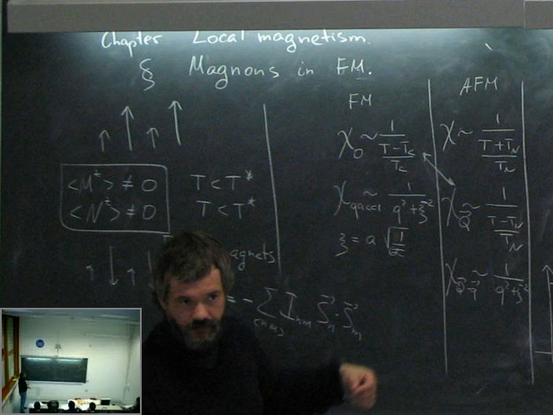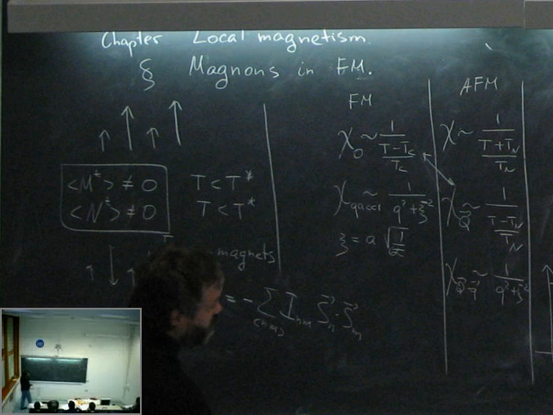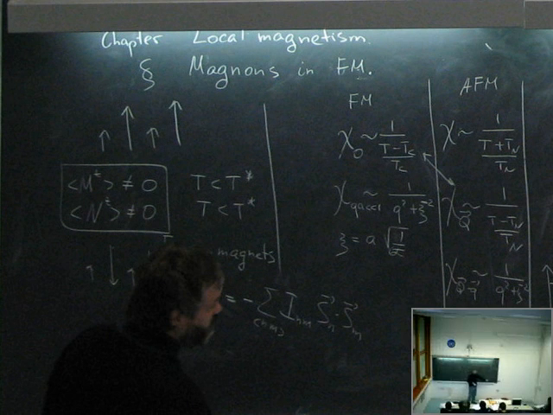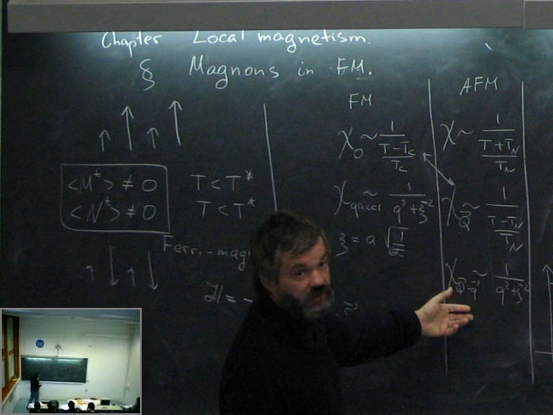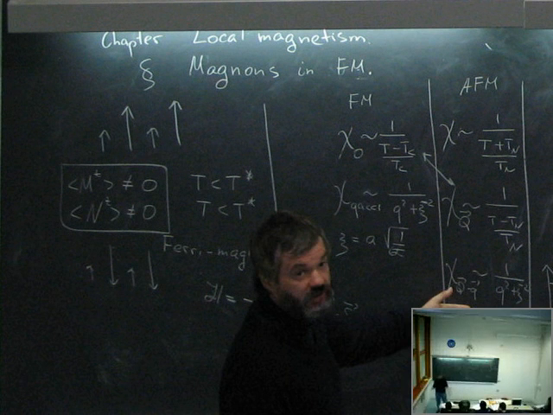If your susceptibility is peaked at a reciprocal vector, which is known from Bragg diffraction experiments, then you are saying that you are in the situation describing antiferromagnets. If your susceptibility is peaked at some other vector, then you may say that your situation is more complicated.